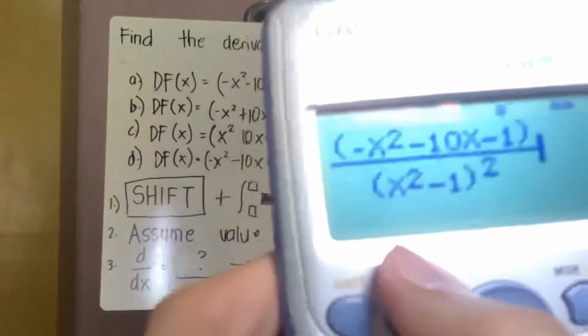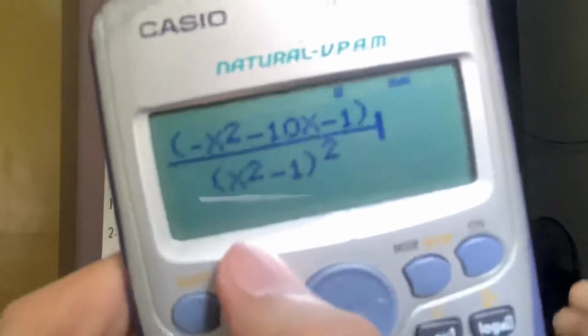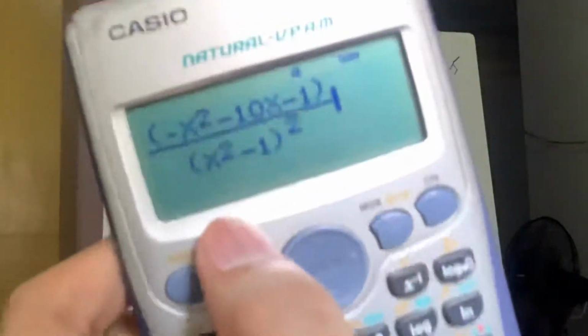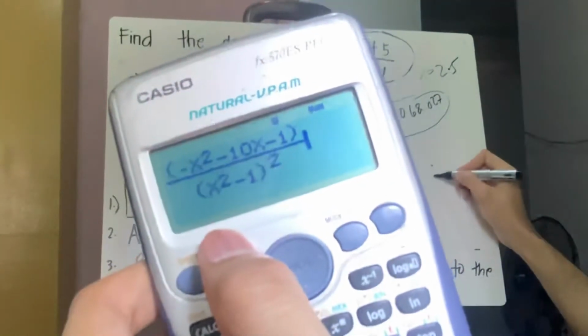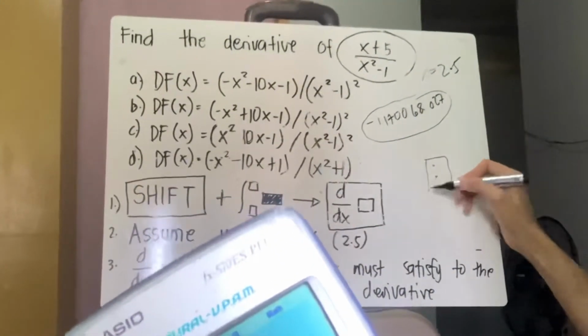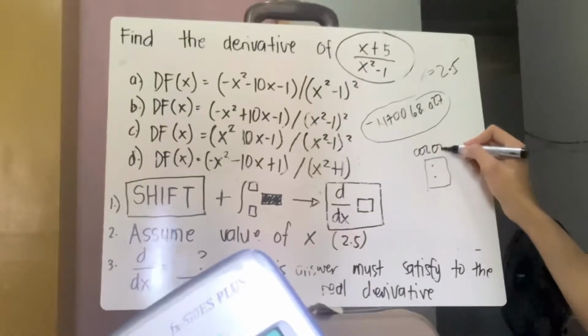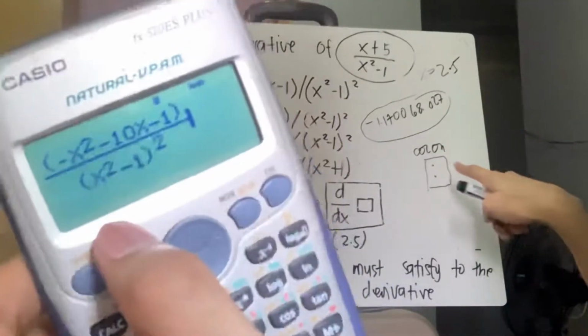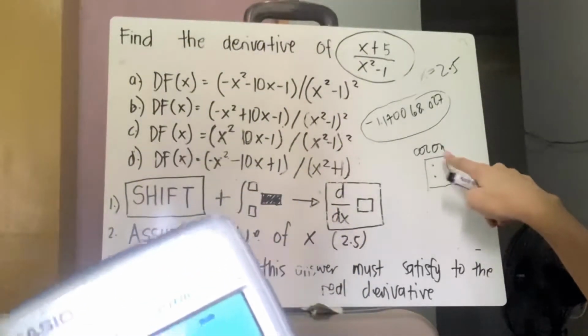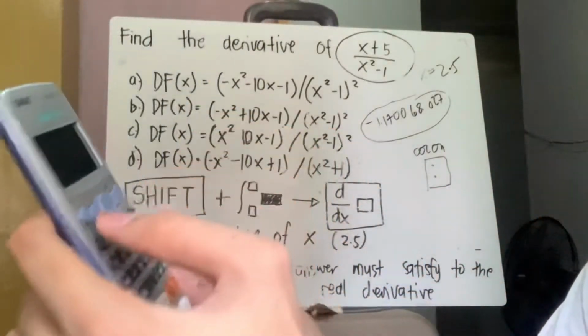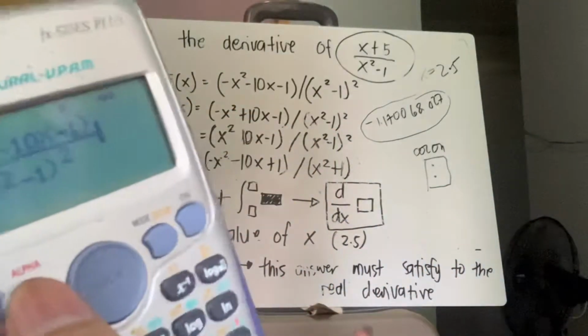And then what I'm going to do is use my colon. This colon. This is the colon, the colon inside the box. So where is it on the calculator?